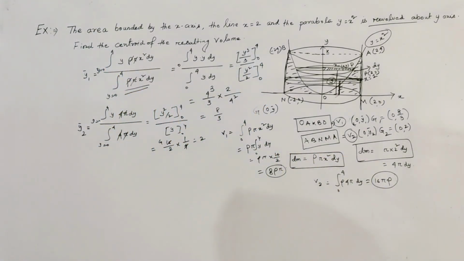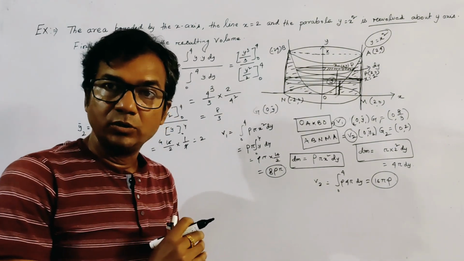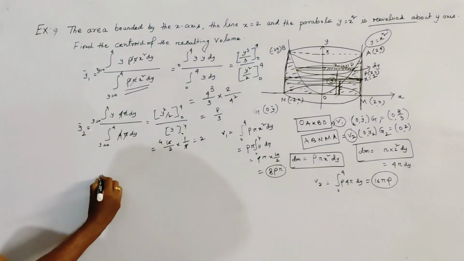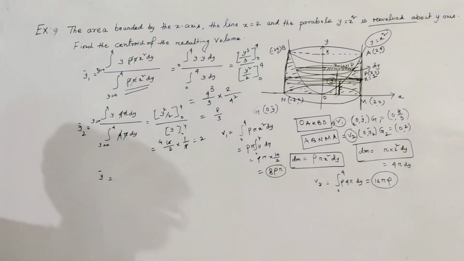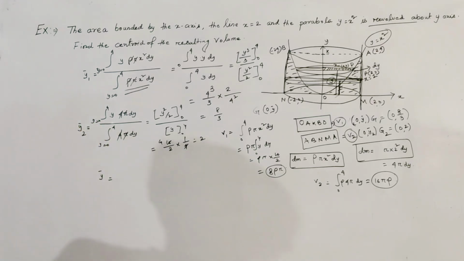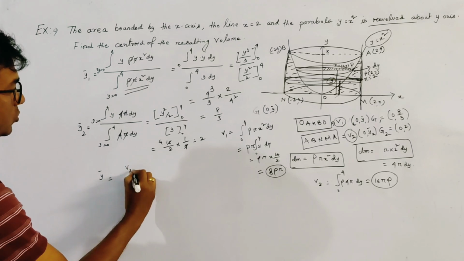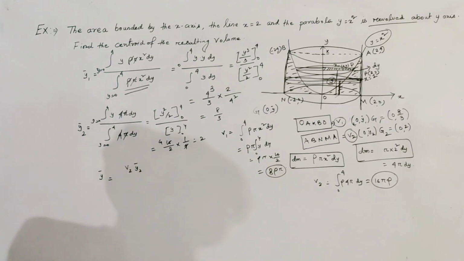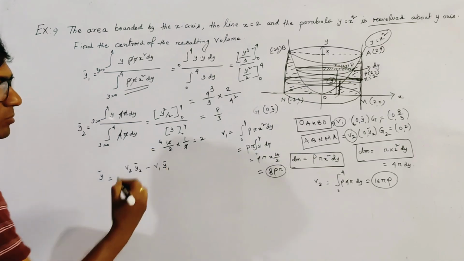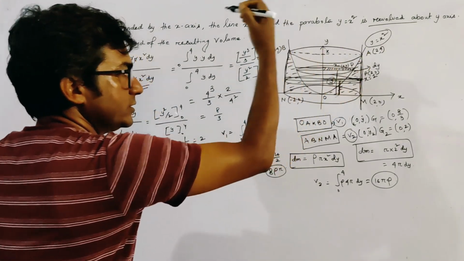Now we use the formula of CG of combined body, which gives y bar. The whole body is given by V2, so V2 into y2 bar minus V1 into y1 bar, because this is the body inside the whole body.